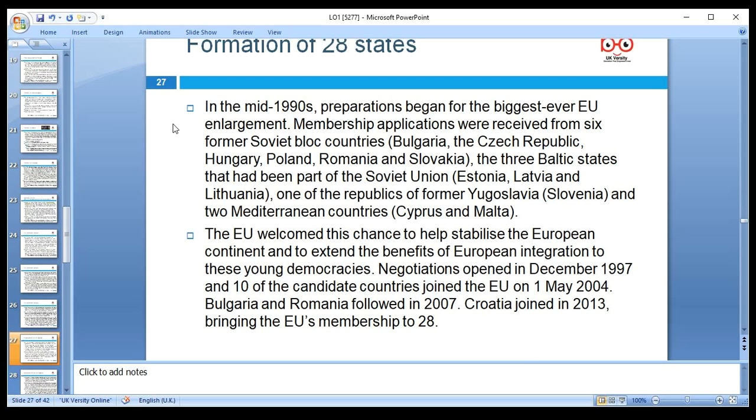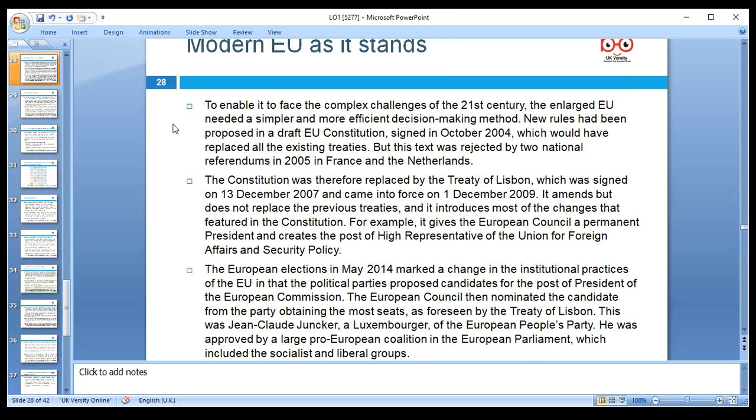In the mid-1990s, preparation began for the biggest EU enlargement, with membership applications from Bulgaria, Czech Republic, Hungary, Romania, Slovakia, Estonia, Latvia. Cyprus and Malta even joined as well. So the EU welcomed the chance to help stabilize the European continent.